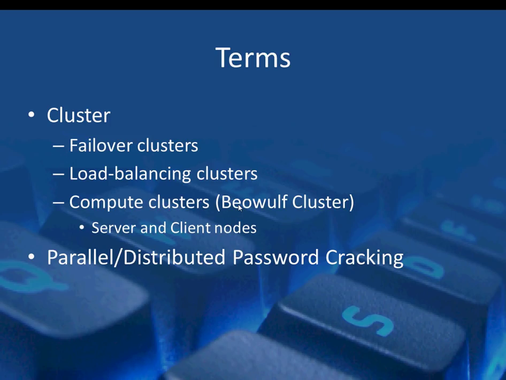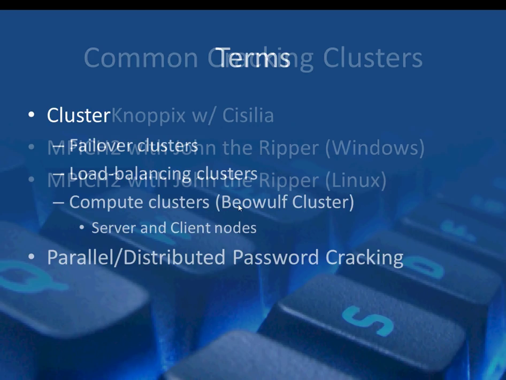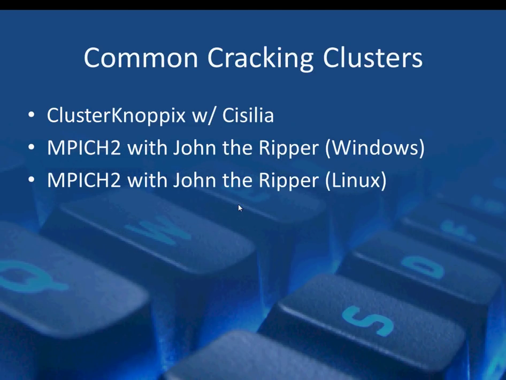Other terms for the clustering in our terms are parallel and distributed. They are all used interspersed in this sense. The most common clusters in terms of password cracking are ClusterKnoppix with Cecilia.